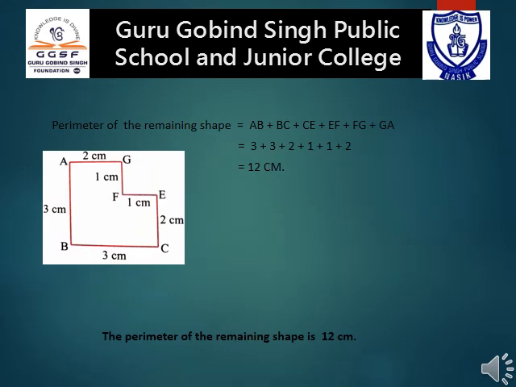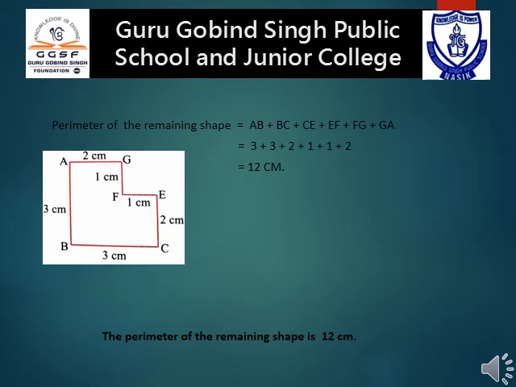To find it, we have to add all these sides which we can see in this diagram. AB plus BC plus CE plus EF plus FG plus GA. Here AB is 3 centimeter, BC is 3 centimeter, CE is 2 centimeter, EF is 1 centimeter, FG is 1 centimeter and GA is 2 centimeter.